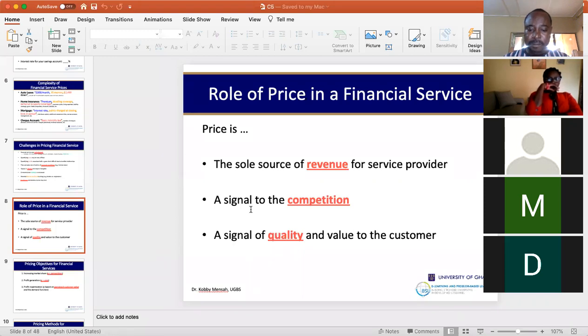And I think it's been done so often that we have come to equate price to quality. So most of the time, if something is costly, before we even do the research to find out the material that went into it or the expertise, we just assume that it is of high quality.